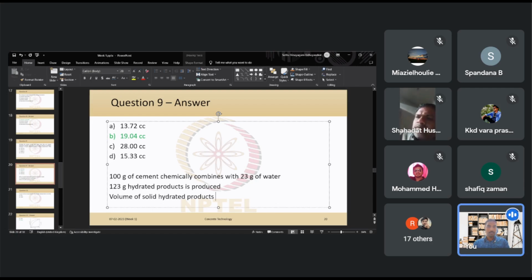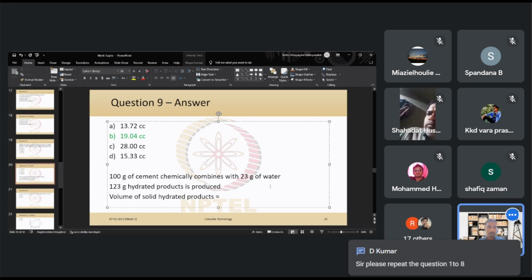How do we get it? So these are the solids produced, right? We know the density, and therefore, 123 grams by 2.51 grams per cc, right? So if we divide the mass by the density, we get the volume, which is approximately 49 cc.